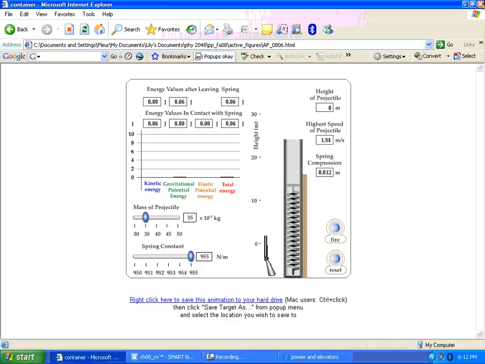So in fact, this animation is actually not very helpful to us. Again, if we compress further, fire, and you can see the speed just at the launch, and the fact that the projectile is going to reach a height here of several meters.